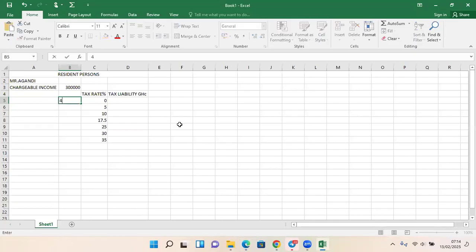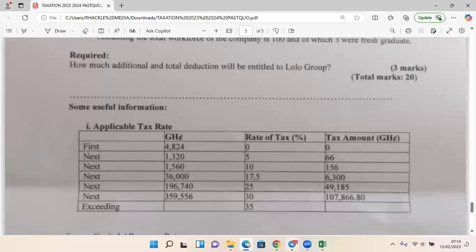So 4,824, 1,320, 1,560, 36,000, 196,740, and the next one is 359,556.